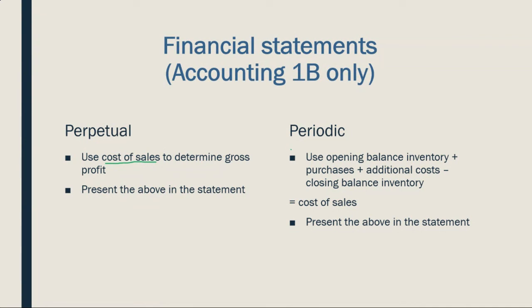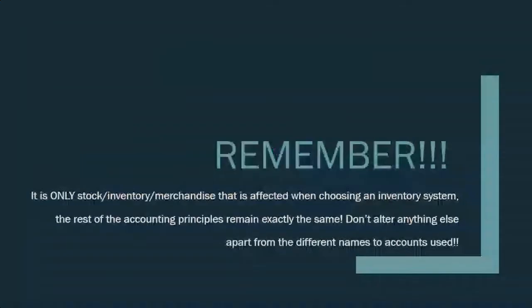Whereas for the periodic one, we do not have the cost of sales. So we will disclose our calculation instead of the cost of sales. So that whole calculation is disclosed where we would normally have the cost of sales line item in the perpetual inventory system. We would show how we worked out the cost of sales and present that in our statement of profit and loss and other comprehensive income.